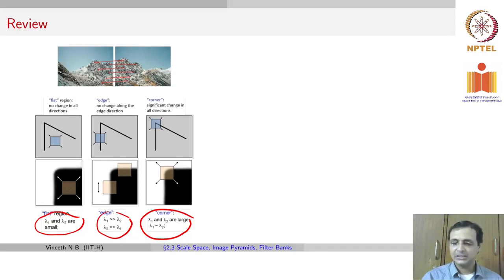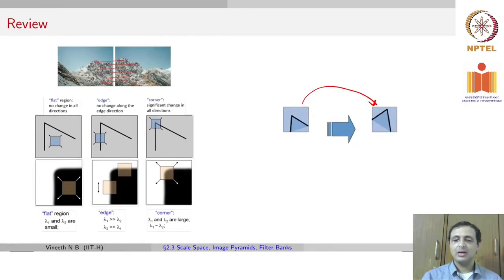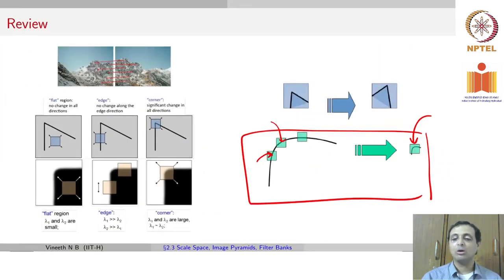But some observations that we made towards the end is that the Harris corner detector is rotation invariant, but it is not necessarily scale invariant, which means what is a corner in one image need not be a corner in another image which is zoomed in, where it could seem just like an edge.